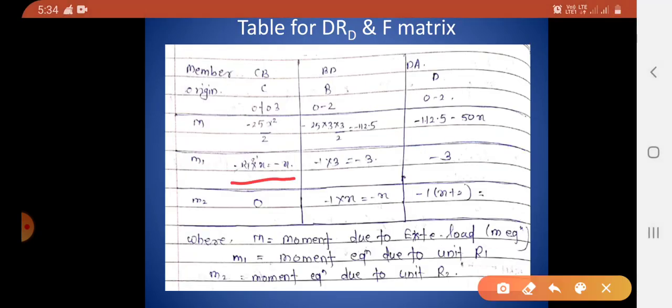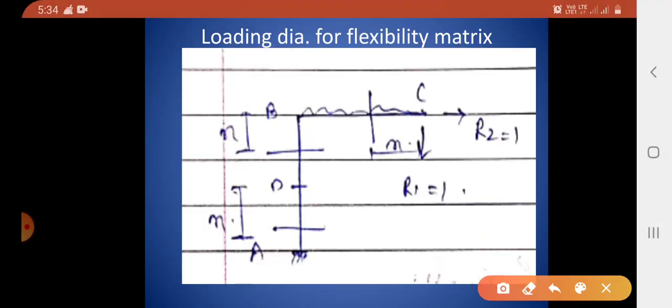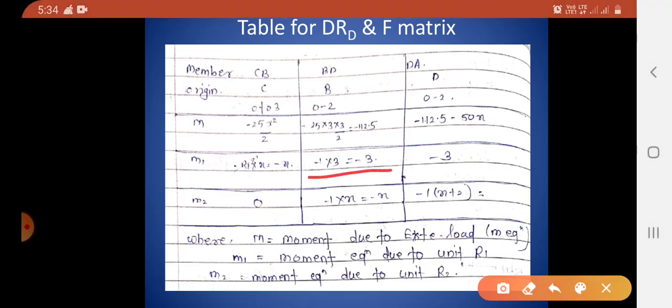Then go to the second part, that is part BD. Take section 2. Again this R1 is causing a right clockwise moment, minus R1 into this perpendicular distance, which is 3 meter, so minus 1 into 3. Yes, in the table you can see minus 1 into 3, that is minus 3.